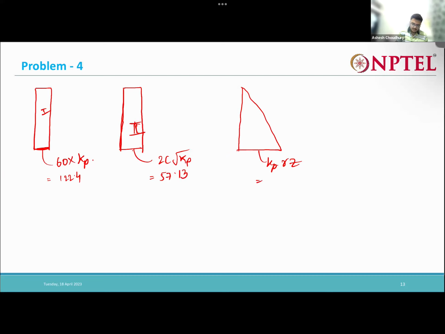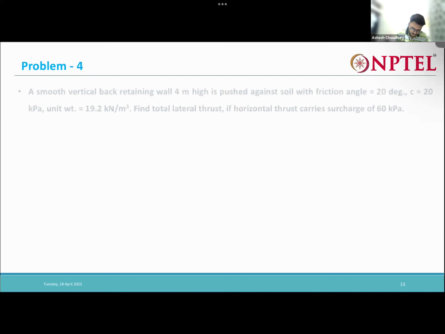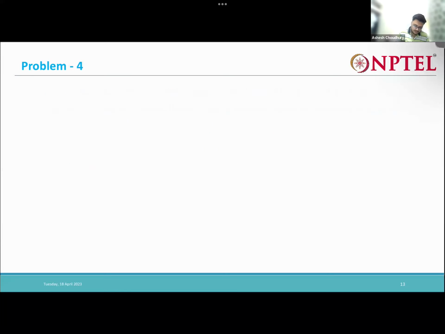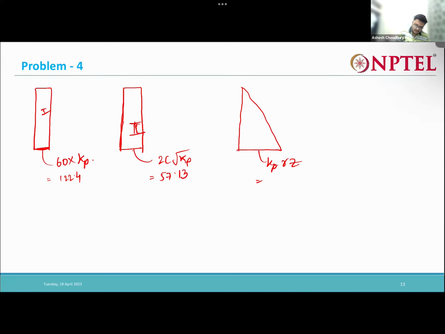And this one is 2.04 into gamma 19.2 into 4, that is 156.67 kPa.